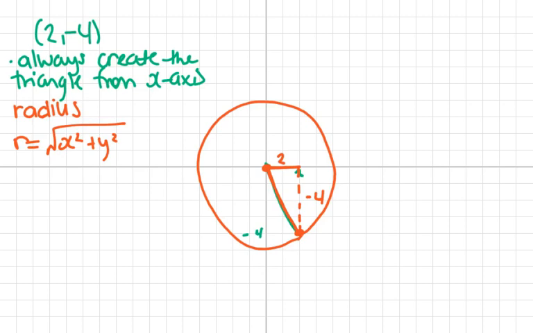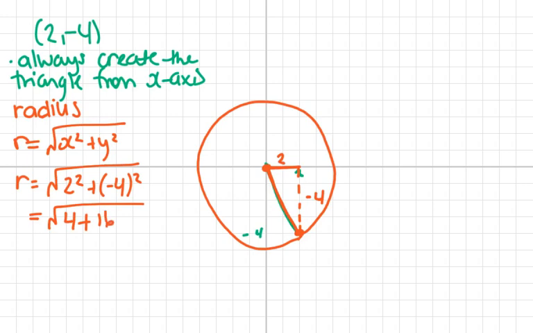So we're going to calculate this radius, the hypotenuse now, by using r equals the square root of 2 squared plus negative 4 squared equals the square root of 4 plus 16 equals the square root of 20. Now let's simplify that a little bit. Remember when we learned about radicals?